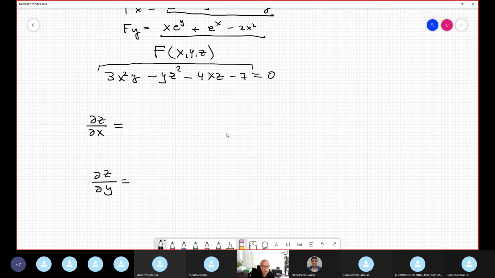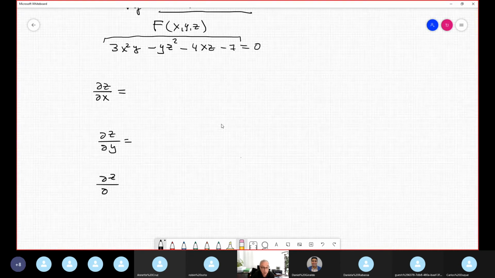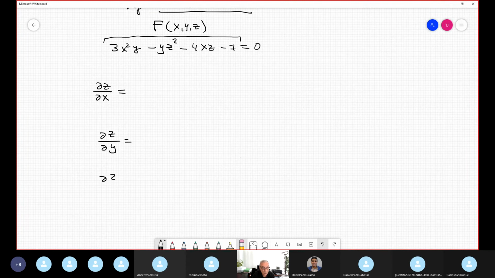and partial derivative c with respect to, no, partial derivative y. Why not? I change a little bit. Wait a second. Partial derivative of y with respect to x.